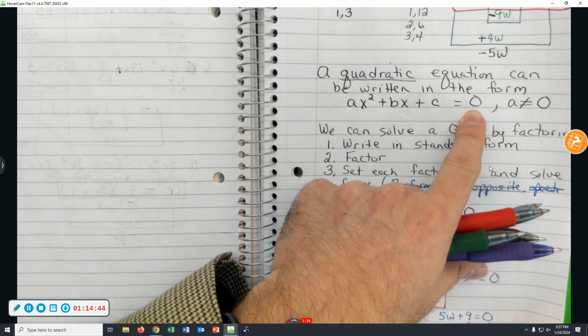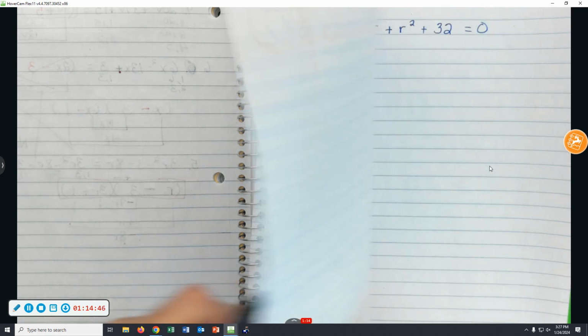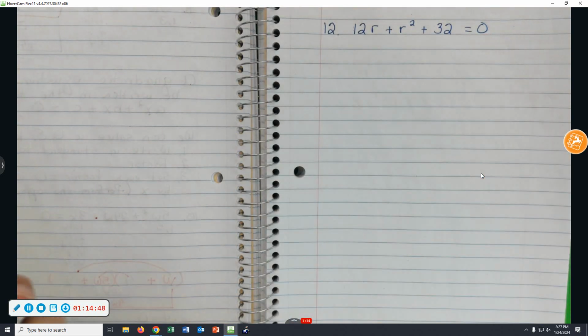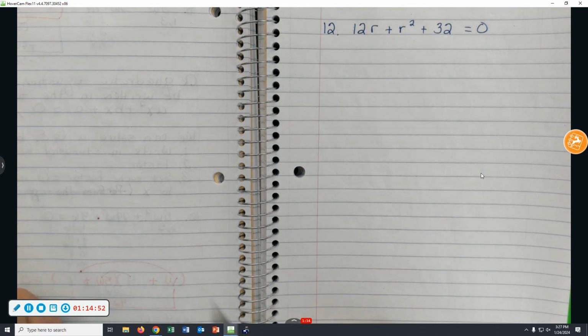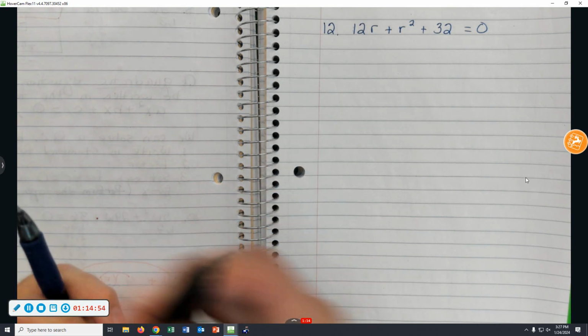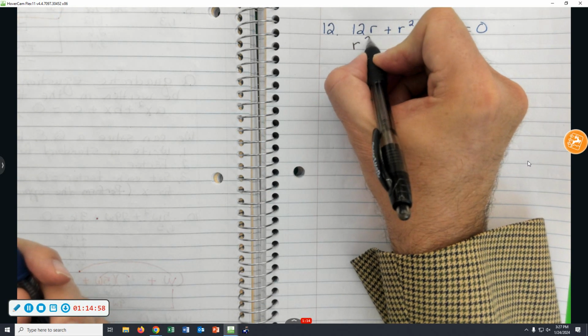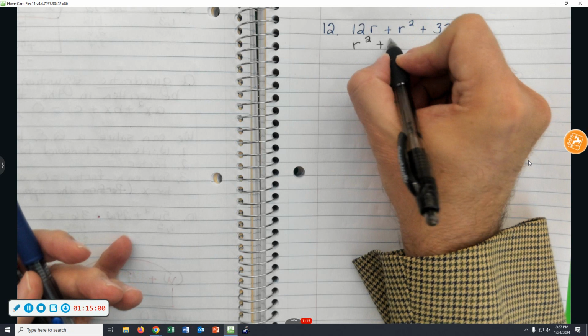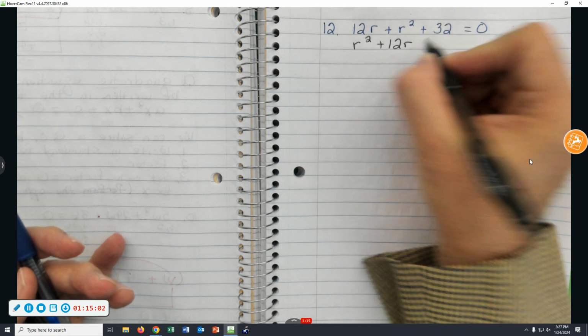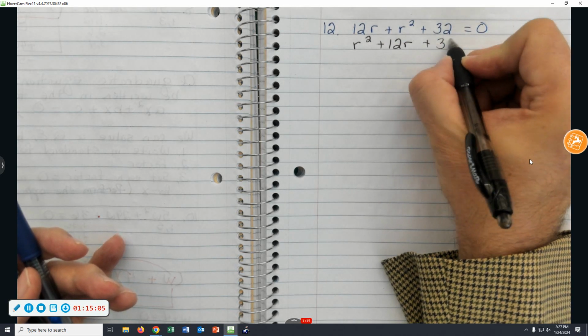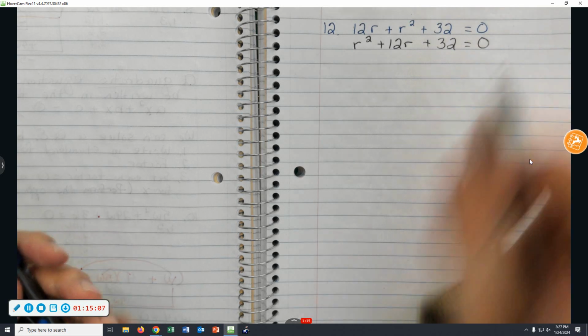We've got to have 0 on one side of the equal sign. Well, we have the 0. Is the problem in standard form? No. Which term should go first? R squared, right. So I'll write r squared plus 12r plus 32 equals 0.